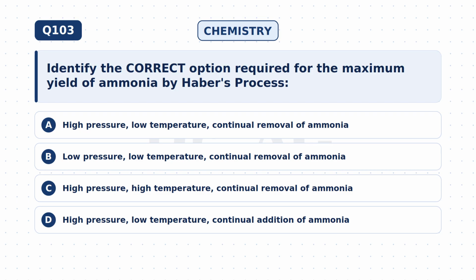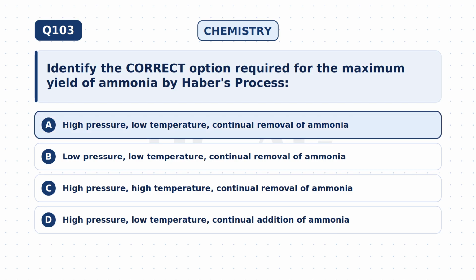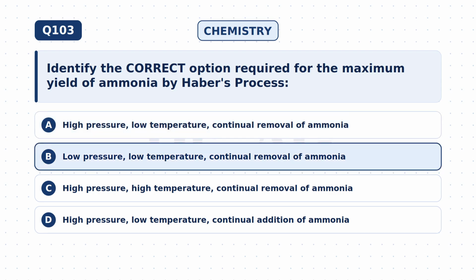Question 103. Identify the correct option required for the maximum yield of ammonia by Haber's process. Option A, high pressure, low temperature, continual removal of ammonia. Option B, low pressure, low temperature, continual removal of ammonia.